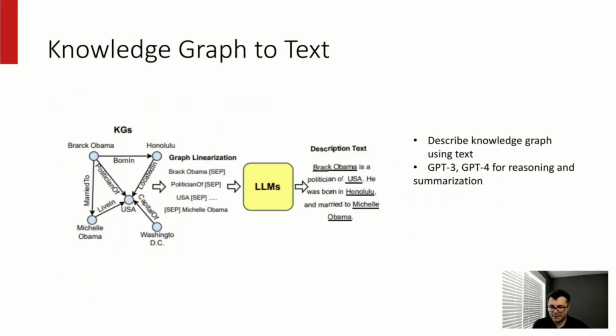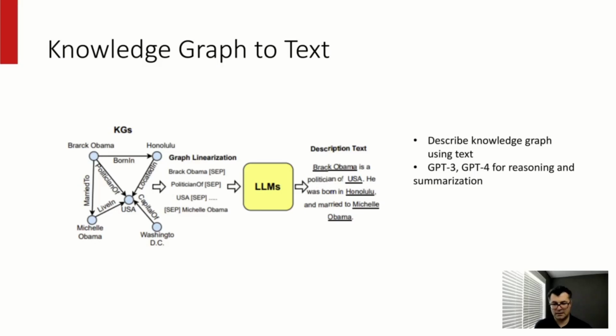So, knowledge graph to text. This is a fairly simple one. I don't really need to go into detail, but basically there is a way that you can just express the relationships and nodes in a sentence. In essence, it's called graph linearization, where you're just expressing that. And then if you give that text to the large language model, it's going to be able to pick up things from it.